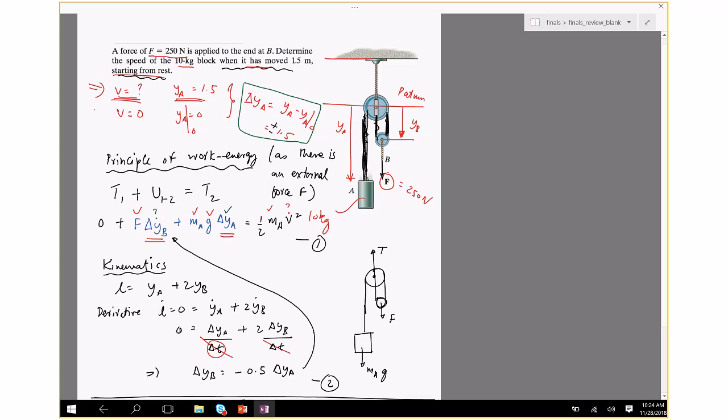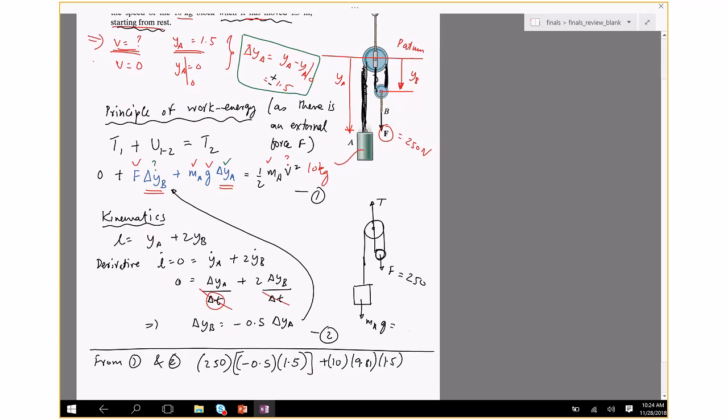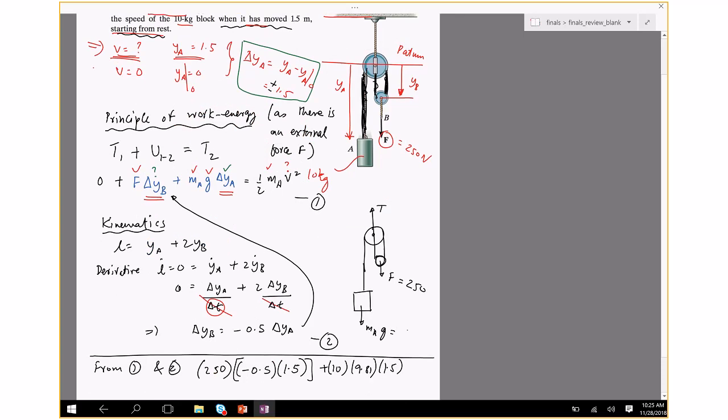So what do you think? Is it upward or downwards? And how would you figure that out? The way to figure that out is to find the values for F and MAG. MAG is 10 times 9.81, so 98.1.